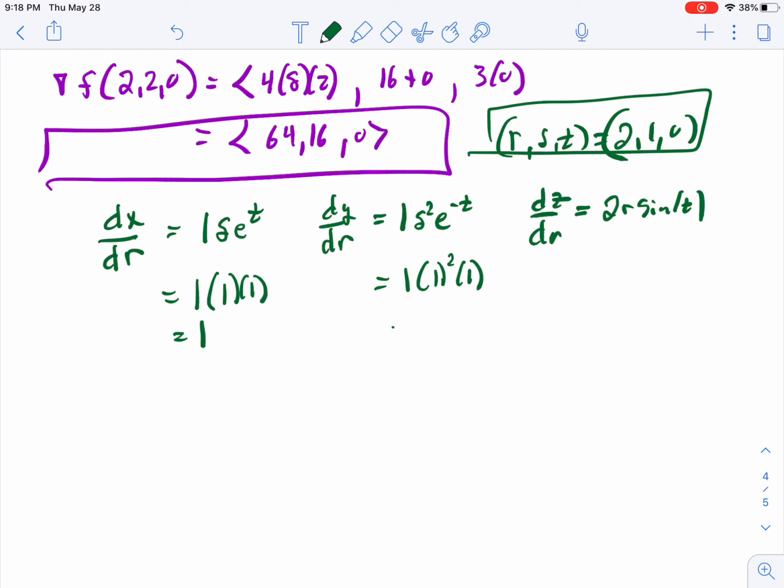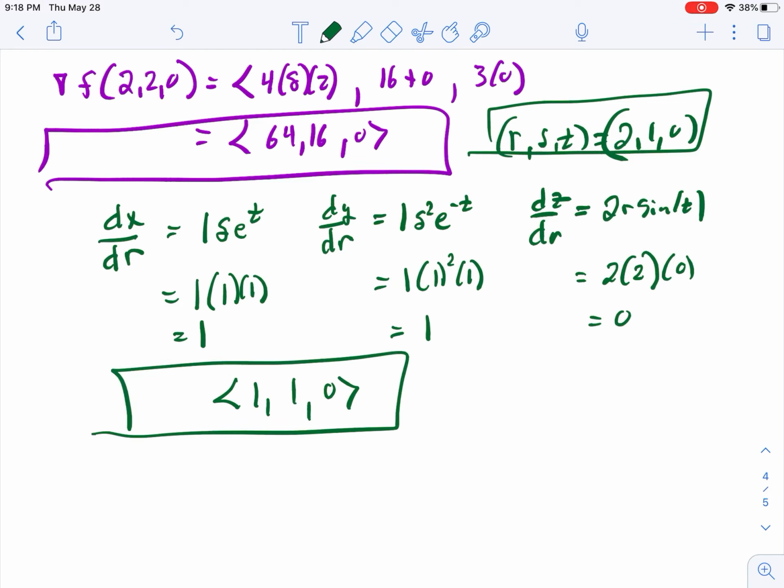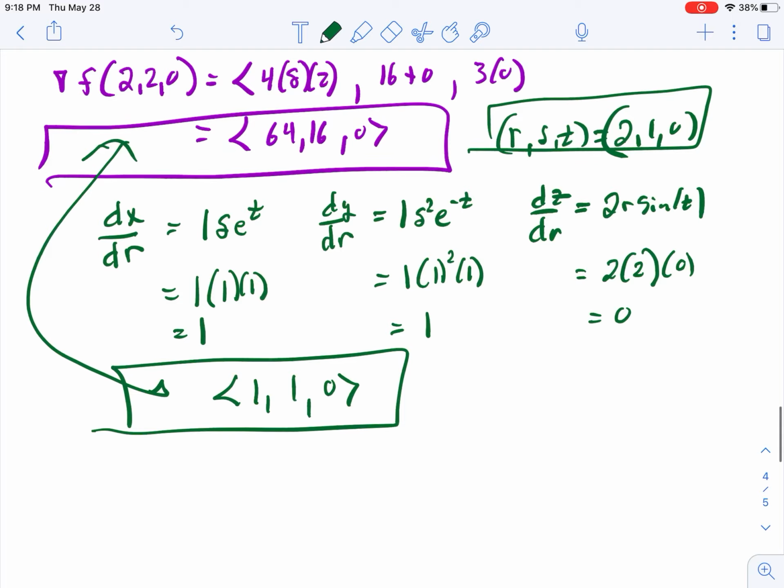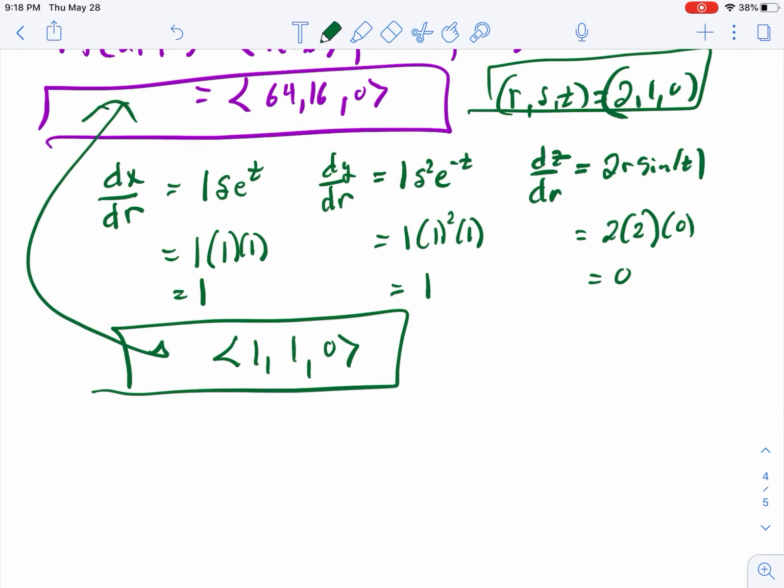For this one here, it'd be 1, s is 1 squared and 1 again. So that would be 1. And for this one here, it'd be 2 times 2, and sine of 0 is 0, so that would be 0. So basically my c prime of t would be 1, 1, 0. Okay, so let's box those in. So here's my two values that I have to do a dot product on.